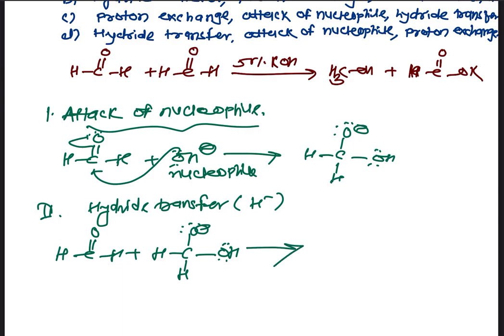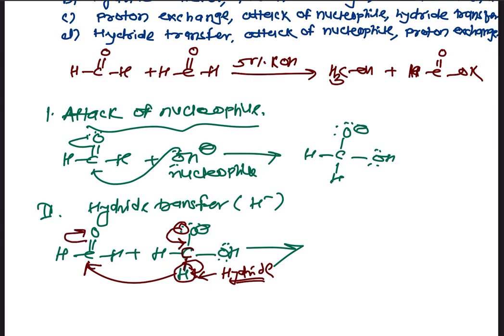Now here is the hydride transfer, see here, shifting of these two electrons towards carbon and formation of a carbon oxygen double bond. Now this carbon is pentavalent, so this bond breaks, and here there is formation of H minus. This is hydride. Now this hydride behaves like a nucleophile, attack of nucleophile here, and here a transfer of hydride to this.